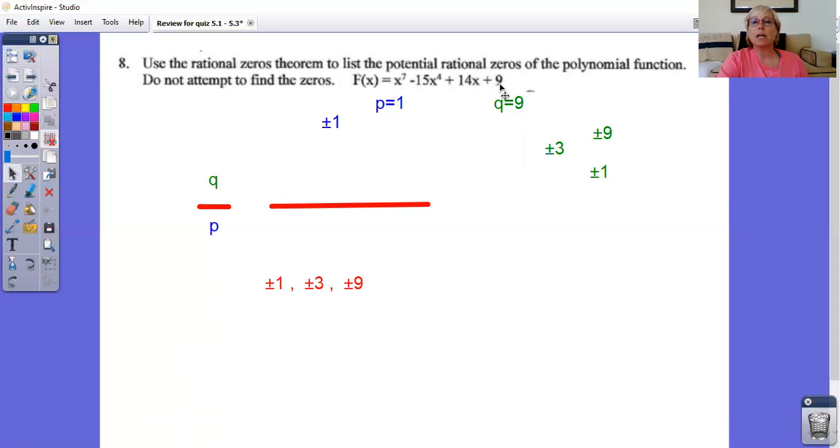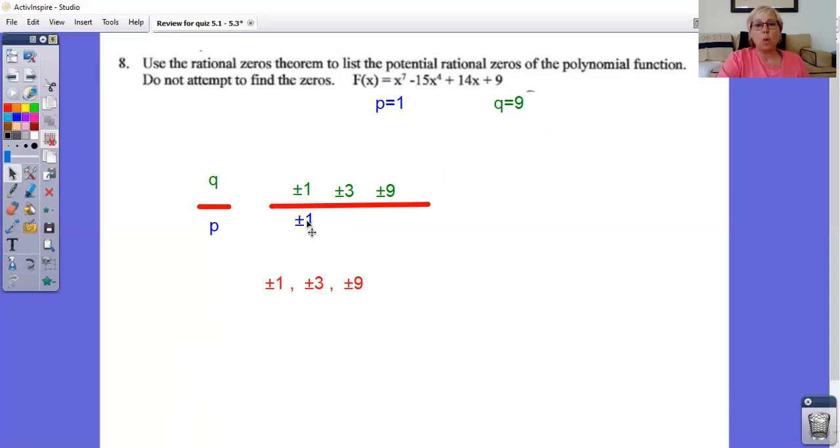Then we're going to look at the constant and call that Q. So Q is 9. Take the factors of the lead coefficient and put them in the denominator. Take the factors of the constant and put that list in the numerator. And then we're going to divide.